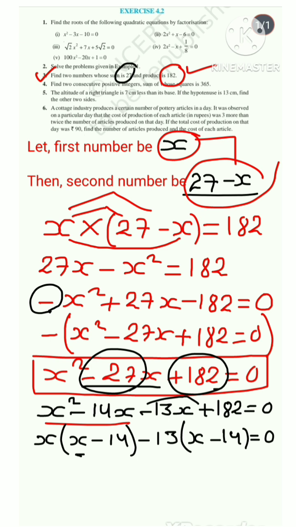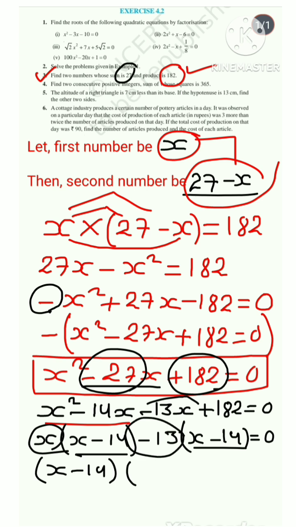Now x minus 14 we can take as common, and here remains x minus 13.